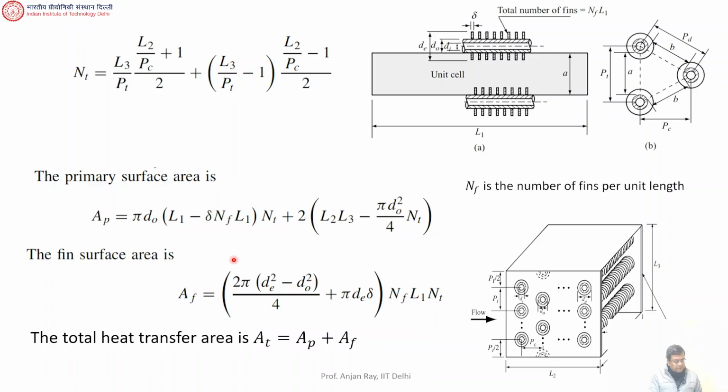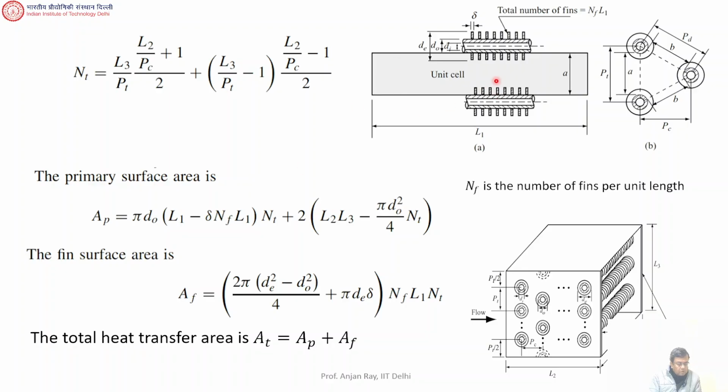That multiplied by NT will give you the outer surface area of all tubes, right? But we have to subtract this from pi DO L1. What is that for? That term where my cursor is. This is due to the fins, right?